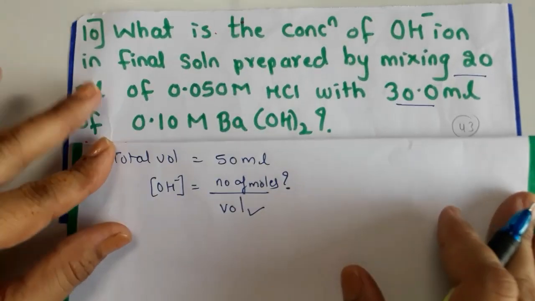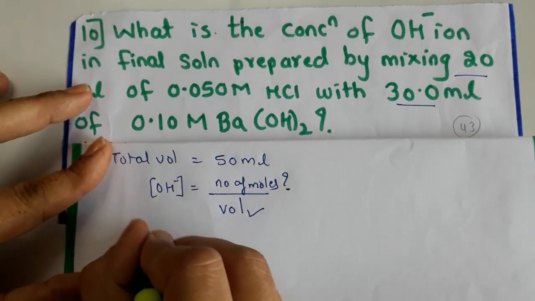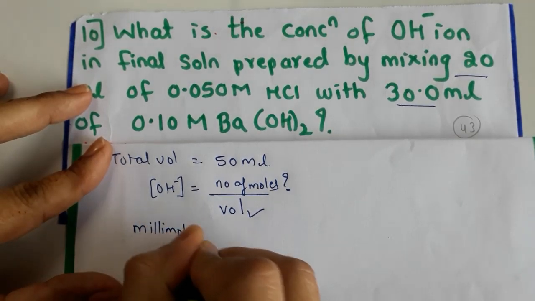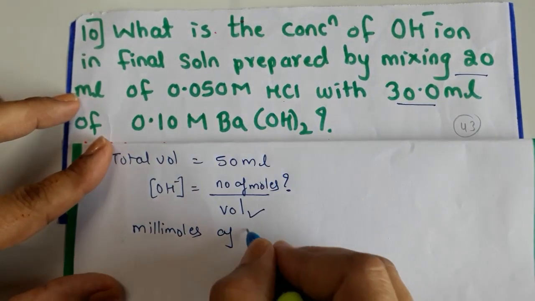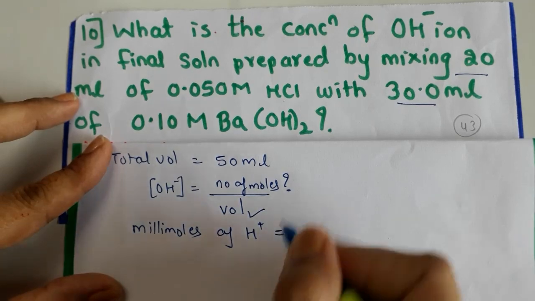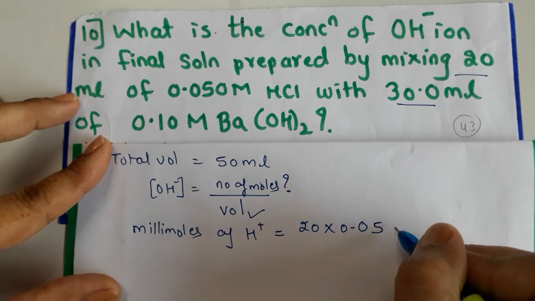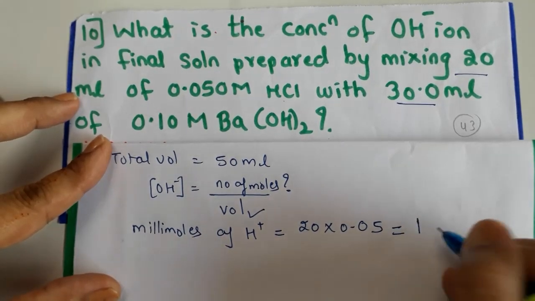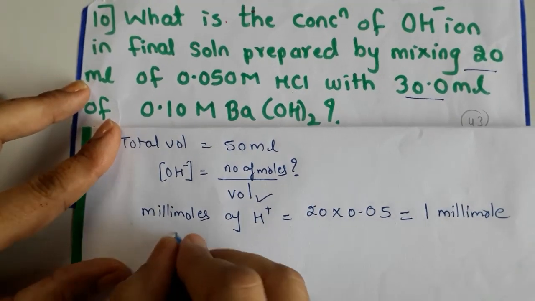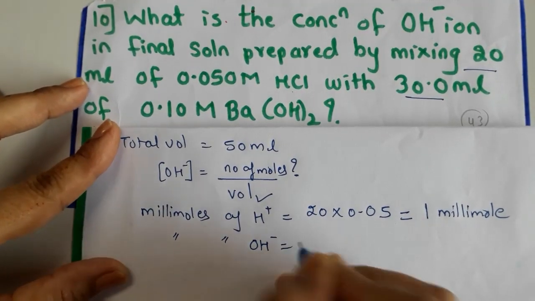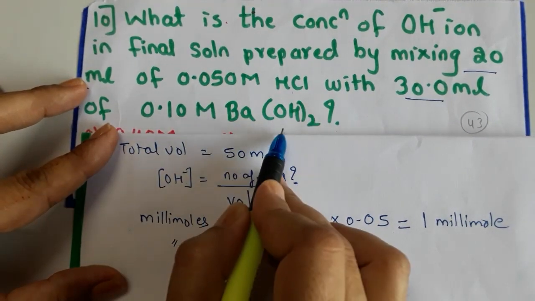Okay students, so we begin with this question as follows. Millimoles of HCl is equal to 20 multiplied by 0.05, and I will get the answer as 1 millimole. Similarly, millimoles of OH minus: 30 ml of 0.1 molar barium hydroxide.